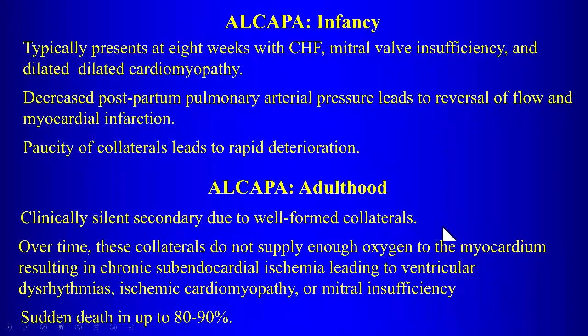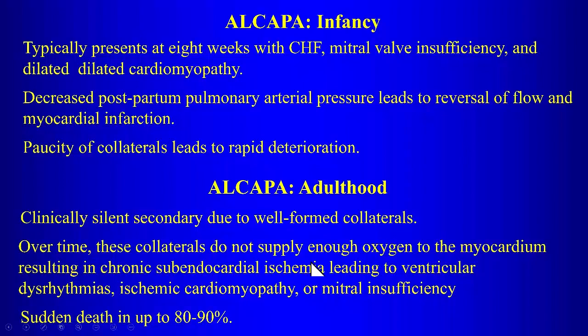So the presentation, whether it presents during infancy or early adulthood, has to do with the status of the collateral vessels. So if the collateral vessels are not well formed, then these patients will present with ischemic symptoms during infancy. If the collateral vessels are well formed, it can be clinically silent until adulthood, as in that particular case.